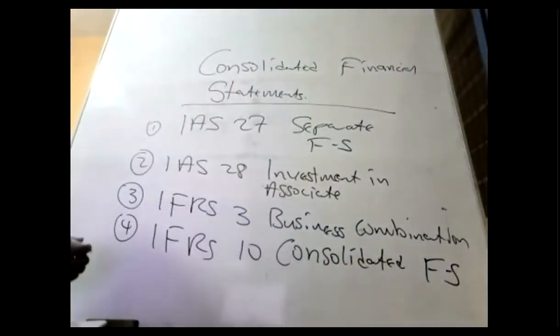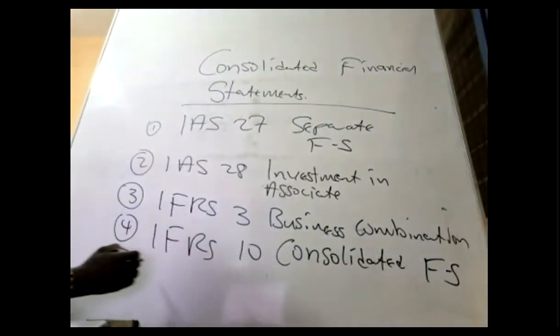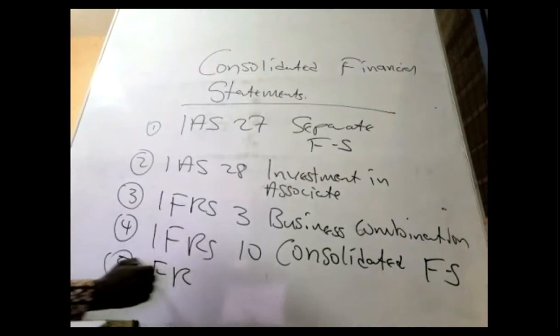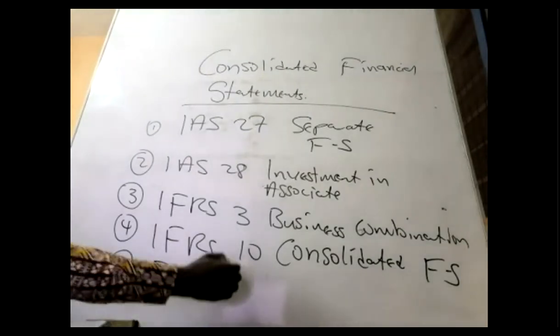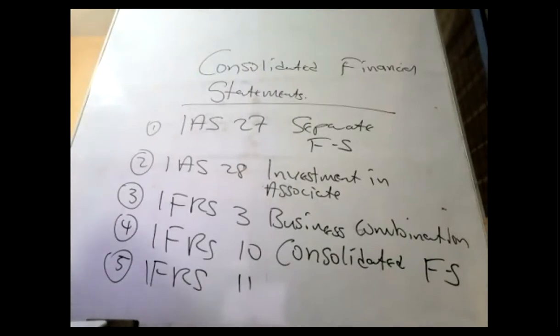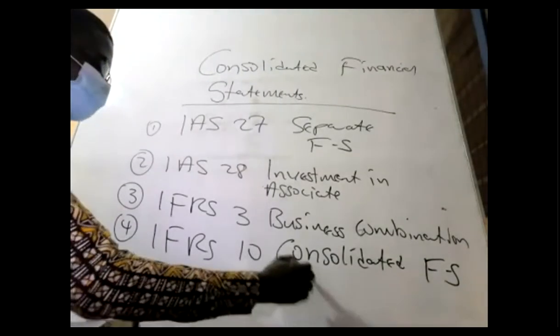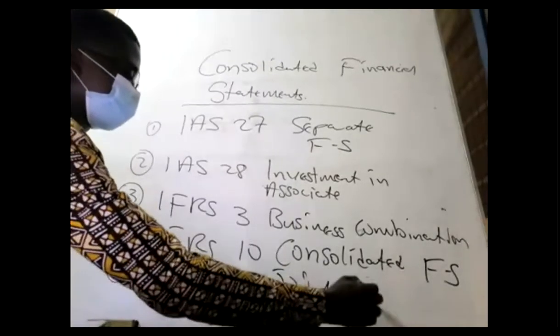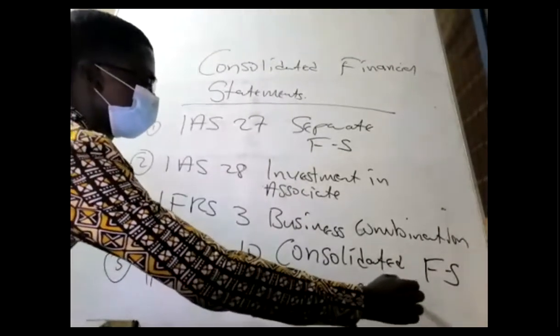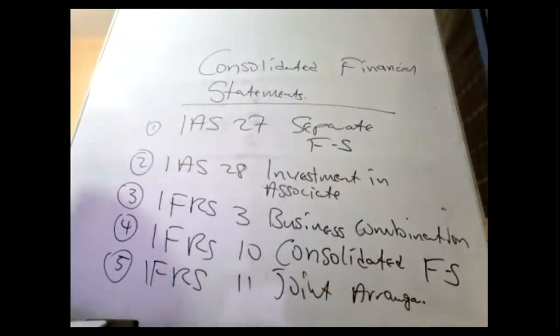We go to standard number 5, IFRS 11. We call it joint arrangements. And then finally, number 6, we use the Companies Code.